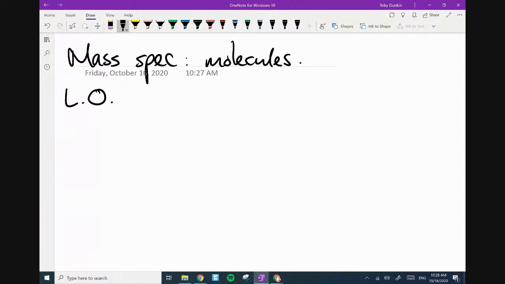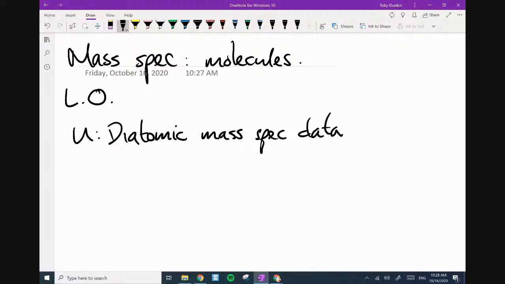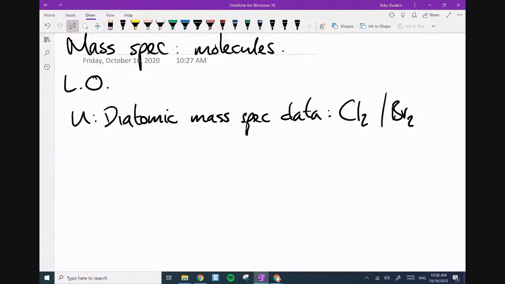First thing is understand diatomic mass spec data. I'm going to focus on two: you must know chlorine and bromine, and then be able to apply your understanding to all the others.